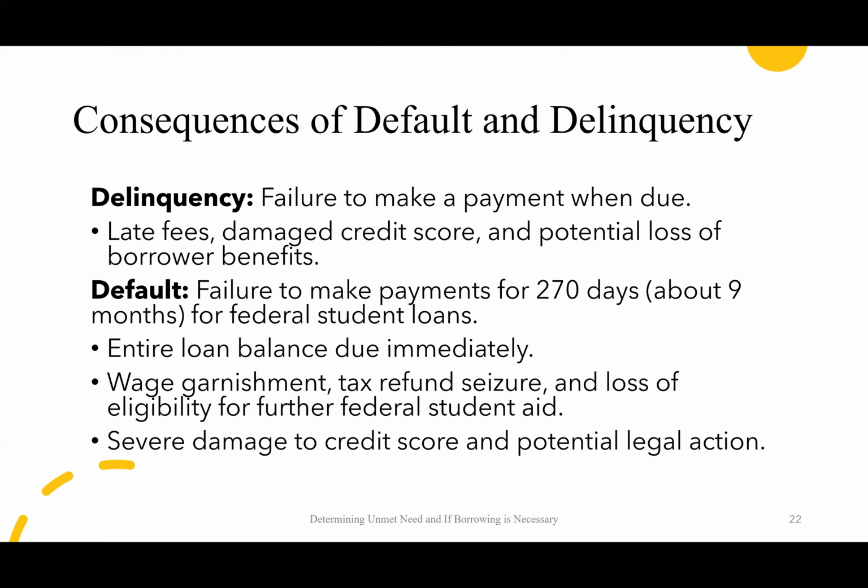Lastly, severe damage to credit score and potential legal action. So these are some pretty serious consequences of going into default and delinquency. By all means necessary, we do not want to see any student fall into default or delinquency. So these are definitely very, very important to be aware of.